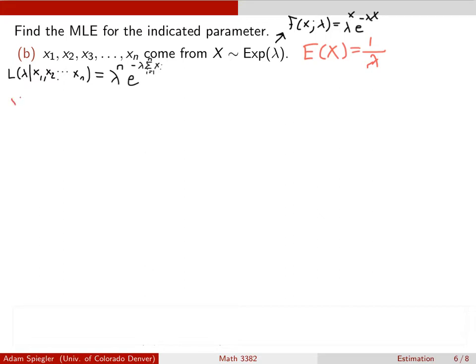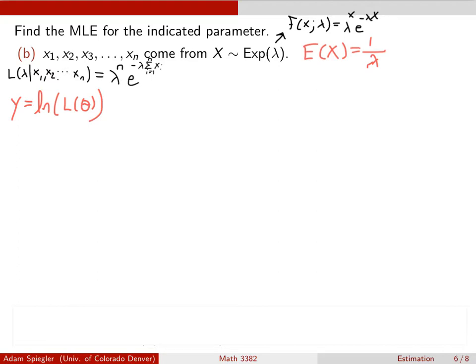I'm going to call it y, which is going to be the natural log of this likelihood function. And the reason why is natural logs of products can be written as sums. And it's a lot easier to take the derivative of sums than it is to take the derivative of a product. But we'll come back to that in a second.